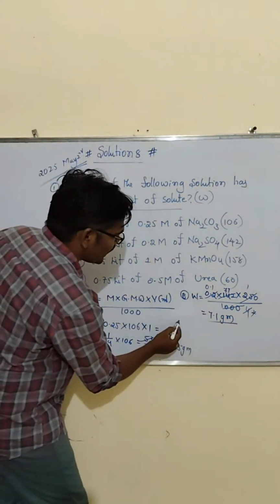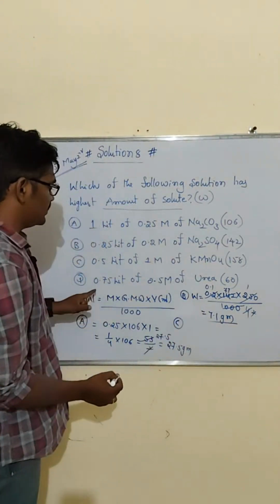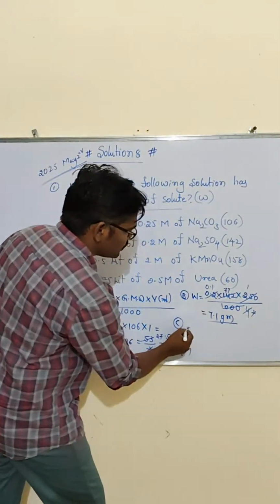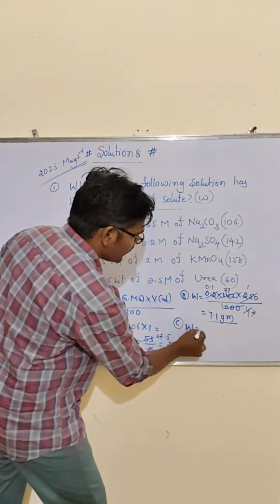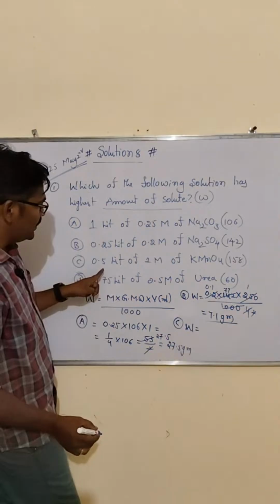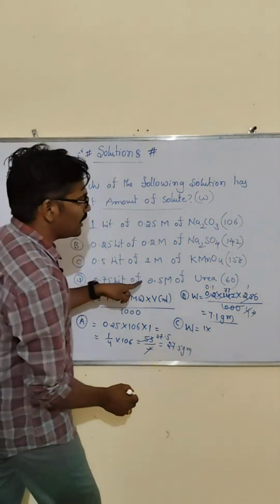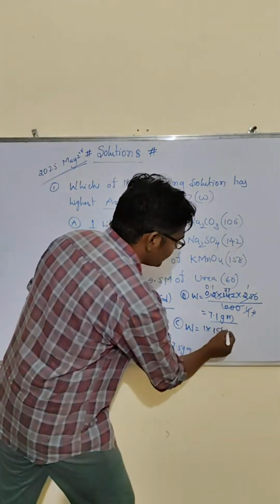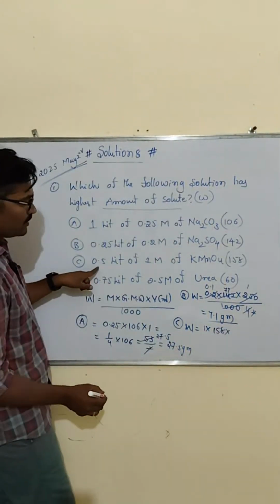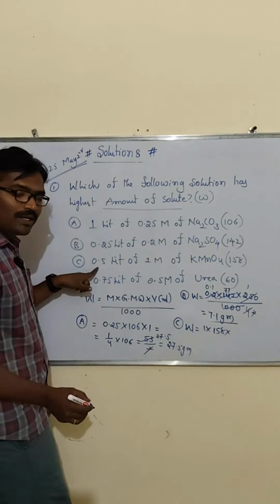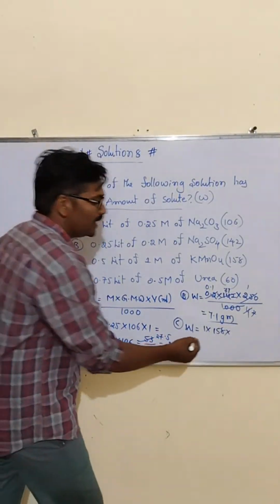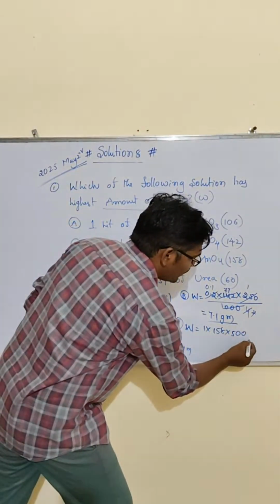Then option C, calculate option C. The same formula, weight equals molarity, 1 molarity is there, then molecular weight 158, then 0.5 liters is mentioned, converted into milliliters, 500 divided by 1000.